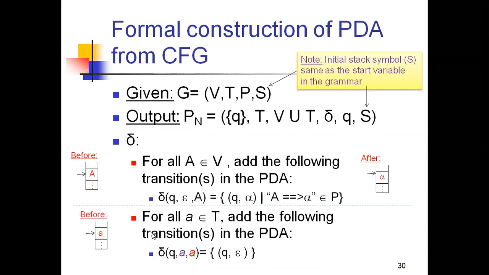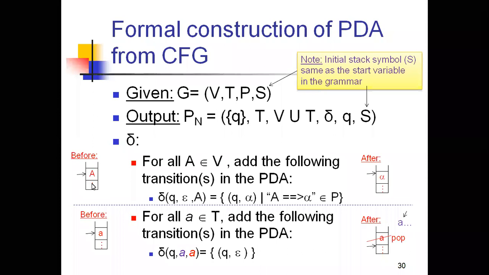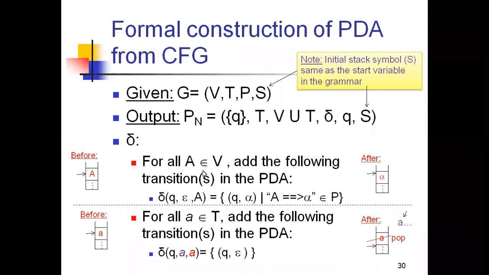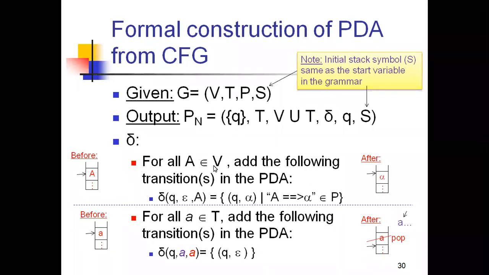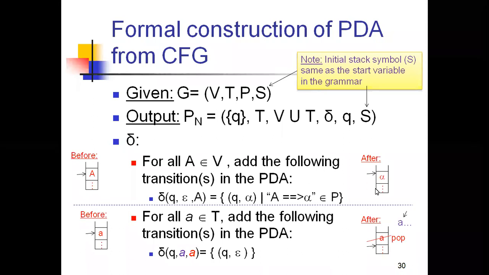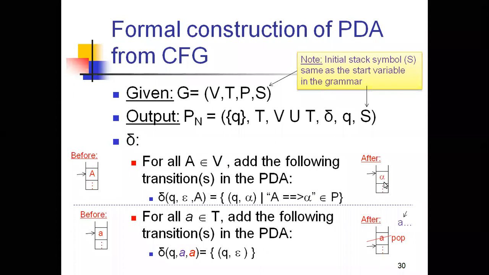See here, this is before and this is after pop. Before, my stack contains a, and after reading my input a and seeing the top of the stack, both are terminals, so pop, right? And here, before, I have a variable A on the top of my stack. Now I need to replace it with the right hand side of the productions of this A. According to my grammar, A tends to alpha is a production, so I just place alpha in the place of this A, right?